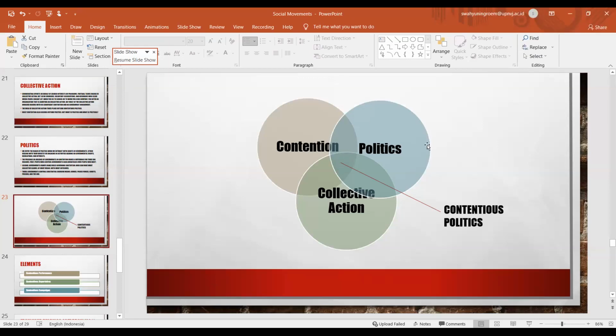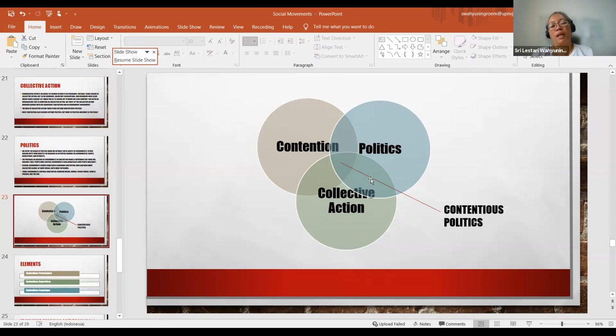Okay, it has to have these elements. If it is a collective action, but it doesn't have the elements of politics, then it will not be defined as a social movement as well.